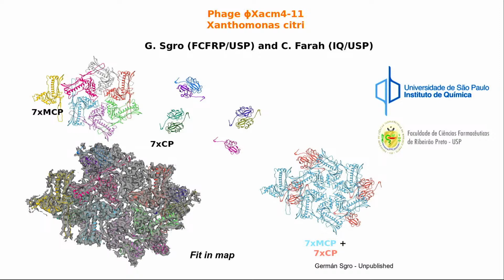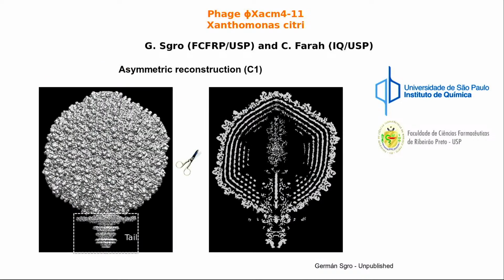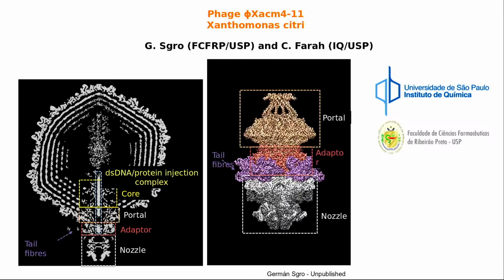So we did four times more data collection than we had originally, and he was able to process that in C1, without any symmetry imposition, and get a really nice view of the needle. It's not yet published, but as far as I know, it's in the final stages of analysis.